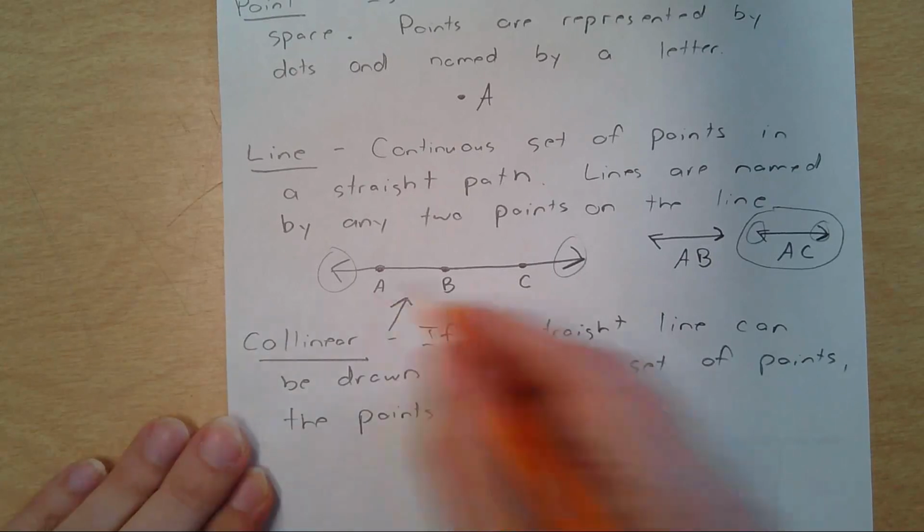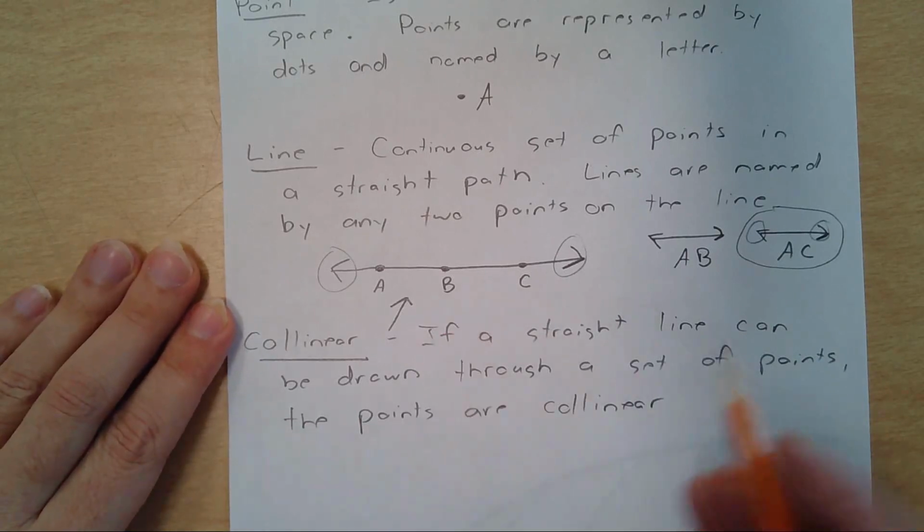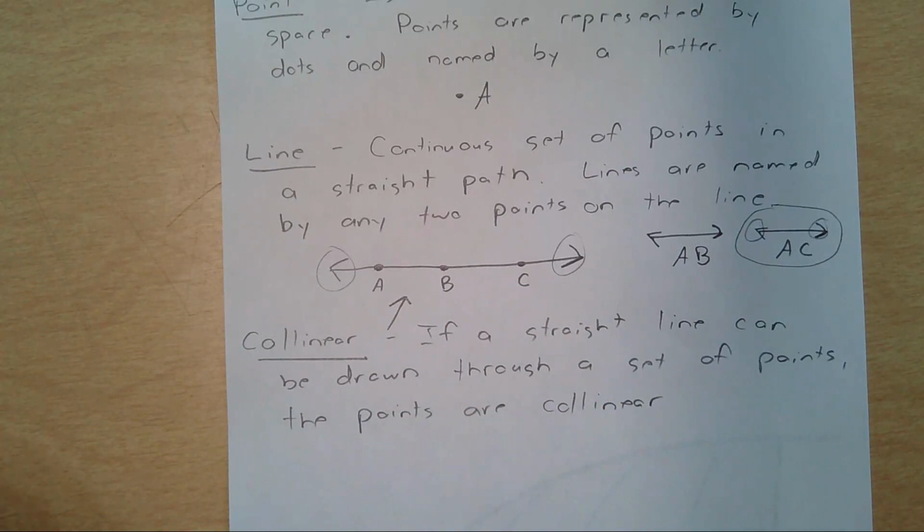If I had a ruler, it would be more precise, but pretend it's a perfectly straight line. And all these points here are collinear because they can all be drawn through a straight line. I can connect those 3 points together with a line. That makes them collinear.